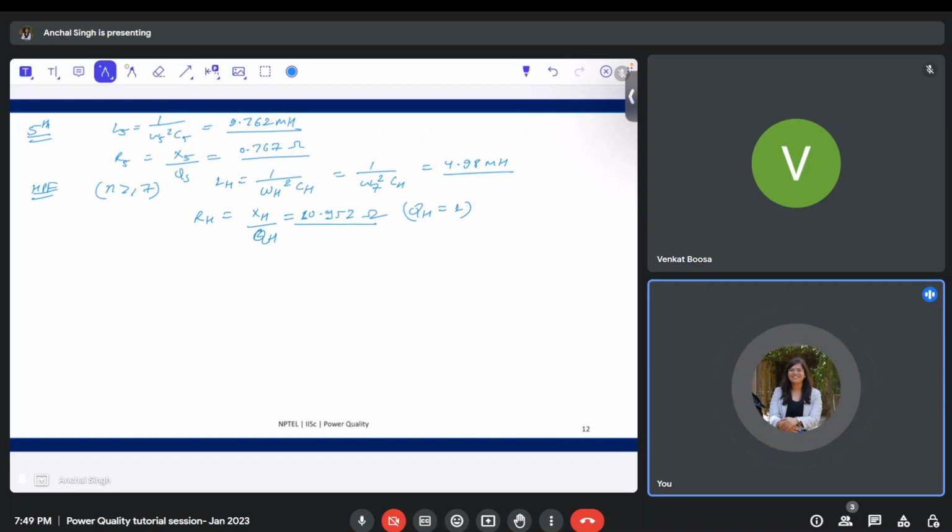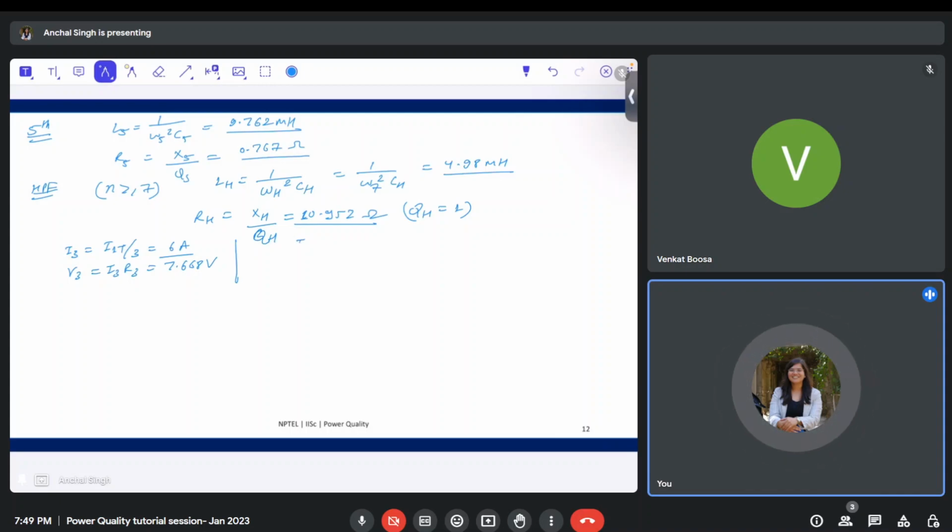So we have designed all the passive components, and now let us calculate the passive filter ratings. In order to calculate that, we need to find the value of currents and voltages, right? So we know that I3 will be equal to I1T, that is the fundamental component, by 3, right? So it will be 18 by 3, that is 6 amperes. And V3 is equals to I3 into R3, which will give me 7.668 volts.